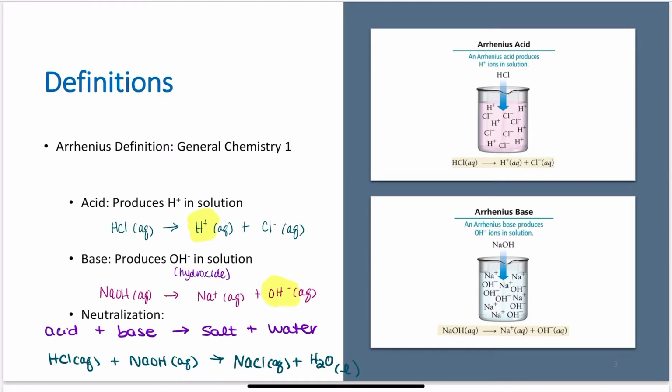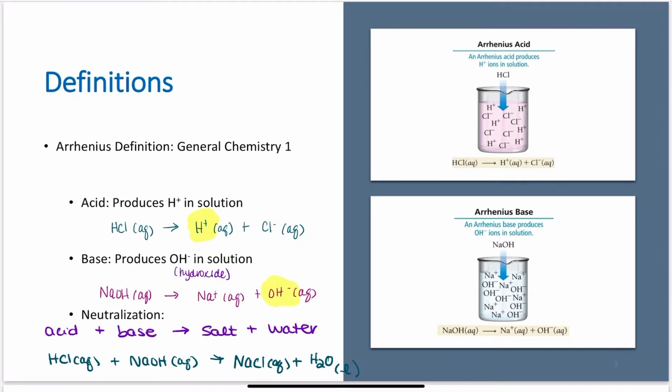Now, sodium chloride is table salt, so we all think about it as a salt, but remember, whatever we produce here is forming a salt. A salt is an ionic compound soluble in water where the cation is not H+ and the anion is not OH-. That is a salt.